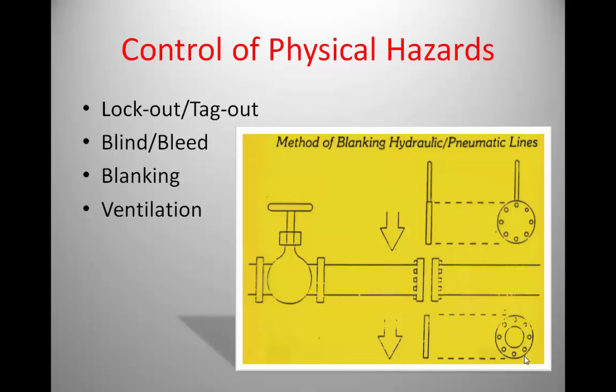These blanks, where we can take an open flange out, put in a closed section, a blank, and isolate it that way. And hopefully these processes are done prior to our response, and if they are done, hopefully a response won't be needed. But for the more common control aspects that we do: lockout, tagout, and ventilation.